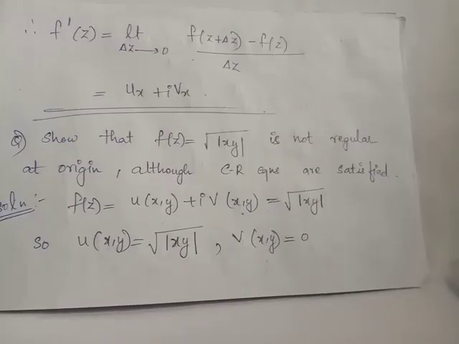To get the desired limit f dash of z, we apply limit delta z tends to 0 to f of z plus delta z minus f of z divided by delta z, which is equal to ux plus i vx. Thus, whenever f of z is an analytic function, we have f dash of z equals ux plus i times vx.